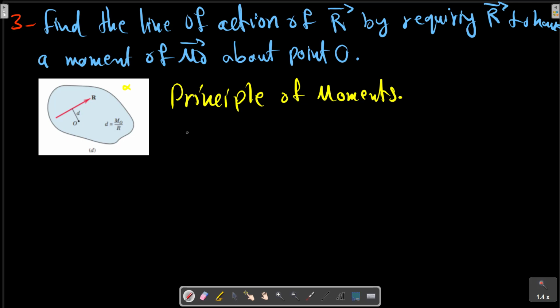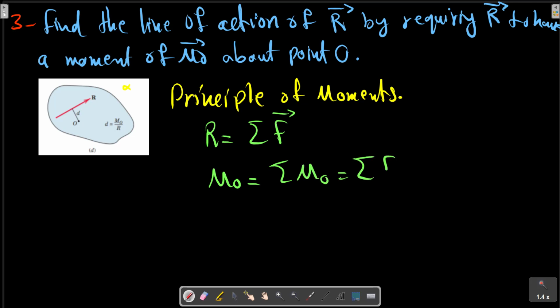At first, R equals sigma F, MO equals sigma M, or equals sigma F times d, and R times d equals MO.